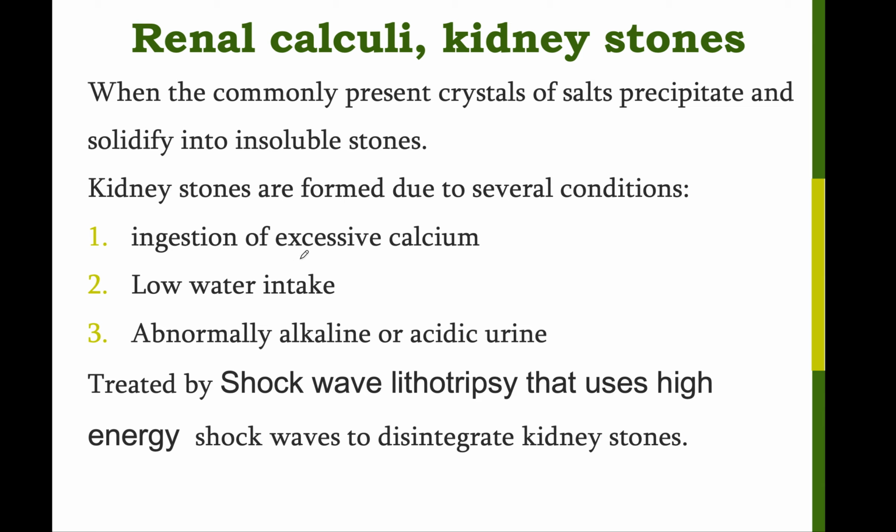Sometimes the kidney stones are made of calcium salts or sometimes of uric acid salts, depending on whether the urine is alkaline or acidic, or if the person is on a very high protein diet. It can also be genetically determined, in some cases where uric acid accumulates more in the blood and is excreted in the urine, and it accumulates in the tubules and then forms kidney stones.